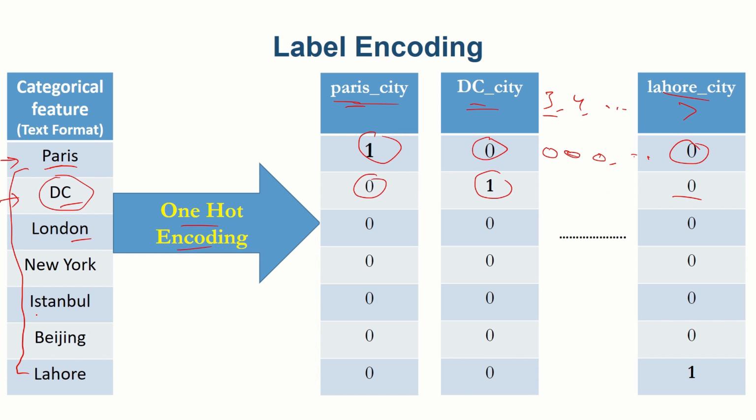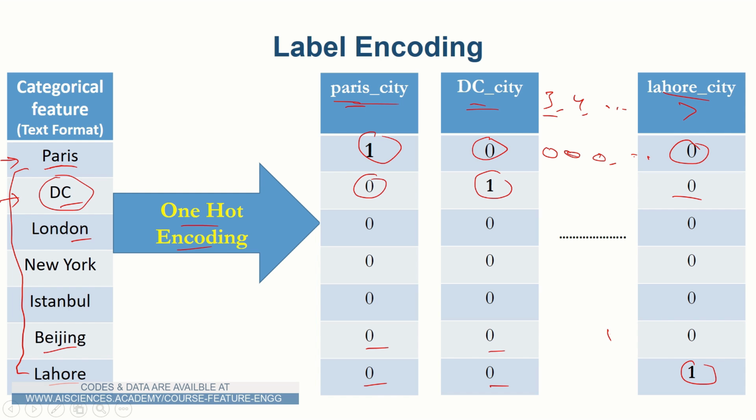And so on and so on. Let's say we have Beijing in a row, so we'll place zeros in every column except the Beijing column. And finally there is Lahore, and same thing, we'll place 0 in every column, and finally we'll place 1 in the column of Lahore city. That's how we can do one-hot encoding.